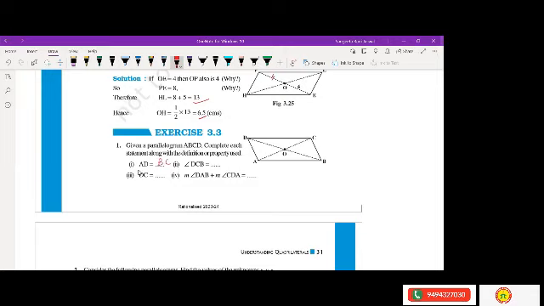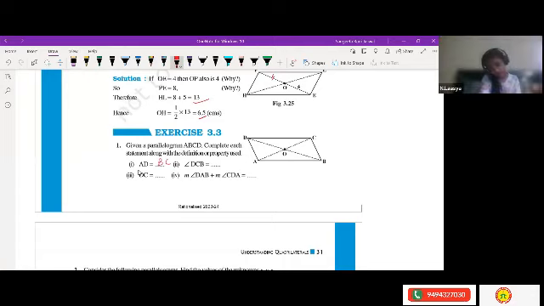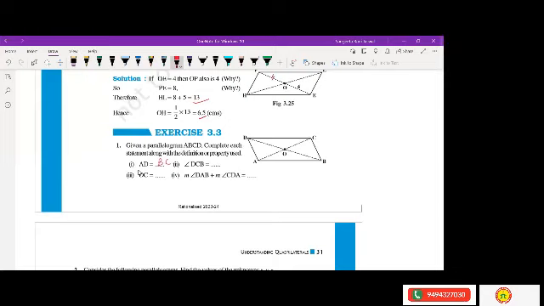Okay, angle DCB. DCB angle is equal to which angle? According to the properties that we studied. Not right angle, beta.